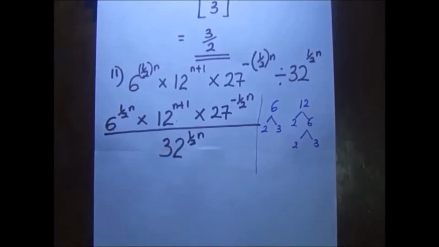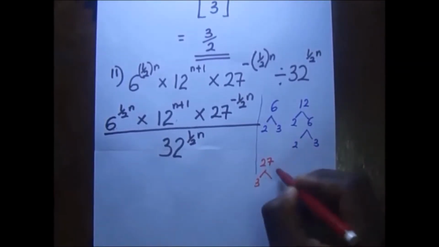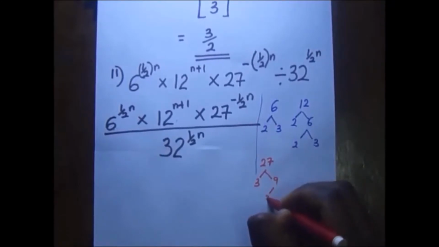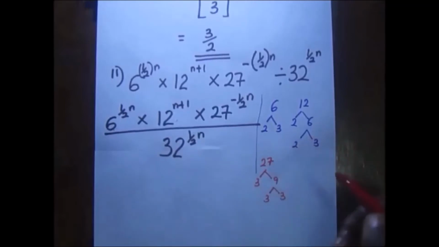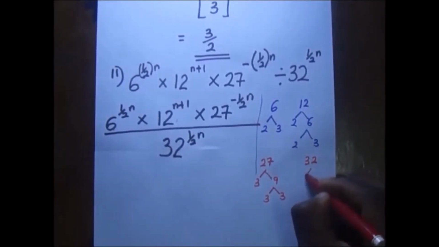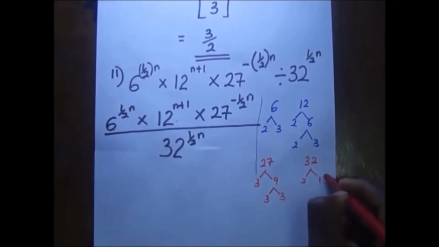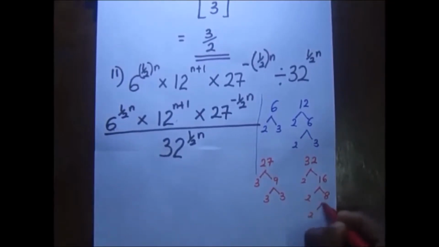Then for 27, we divide by 3, 9 by 3 is 3. Then for 32, by 2 we have 16, by 2 we have 8, by 2 we have 4, by 2 we have 2.